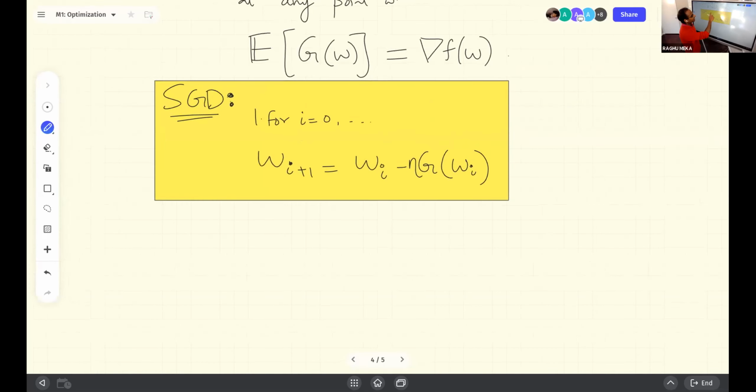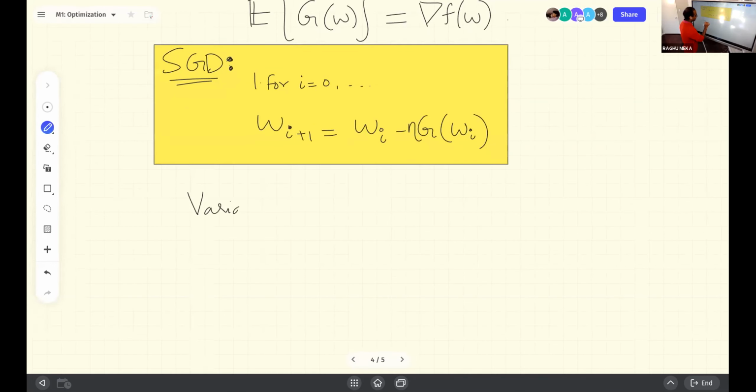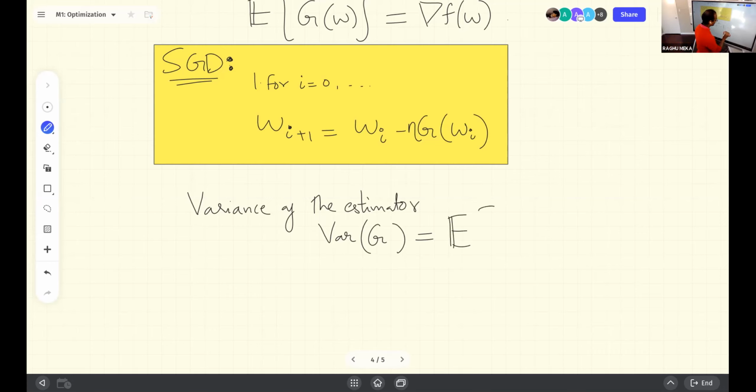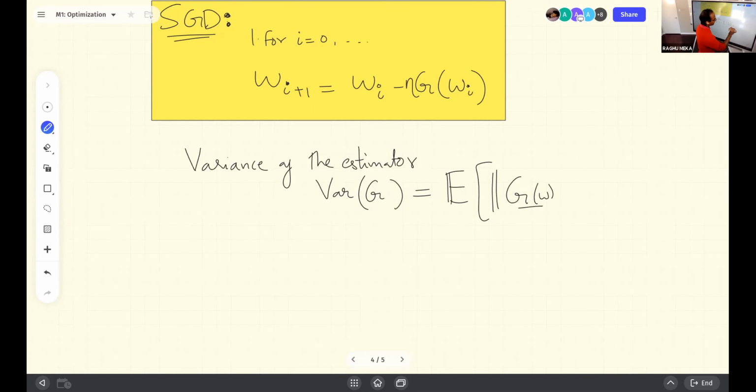But remember here, this is like a multivariate random variable. So g of w is a random variable. So how do I define the variance? So the variance of the estimator is an important parameter when we think of gradient descent. Okay, and the way it's defined is the most natural thing that you can imagine, which is that you look at how far each sample is from the true expectation.